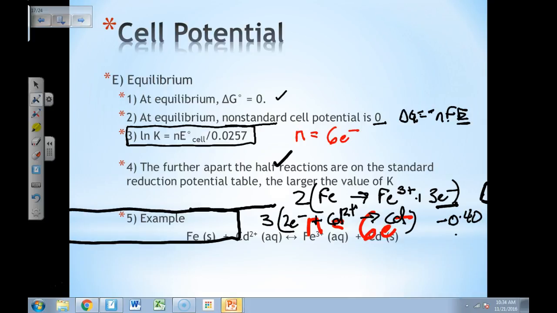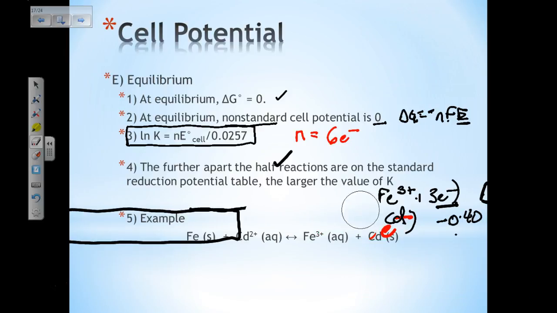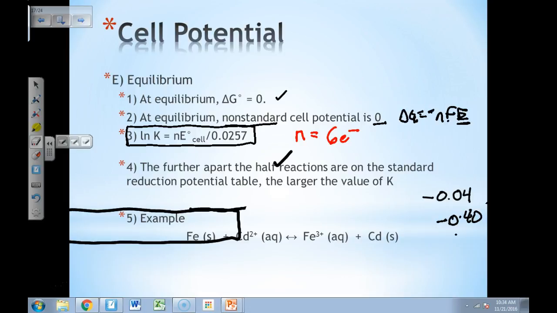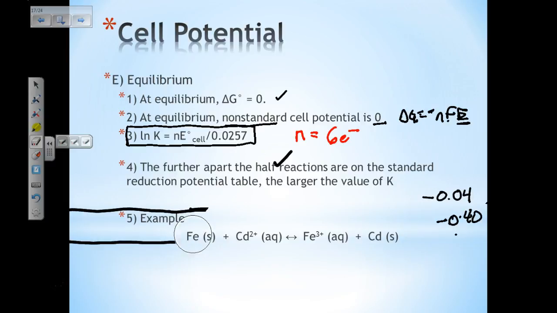So it's negative 0.04 for iron. And what did we say iron was?